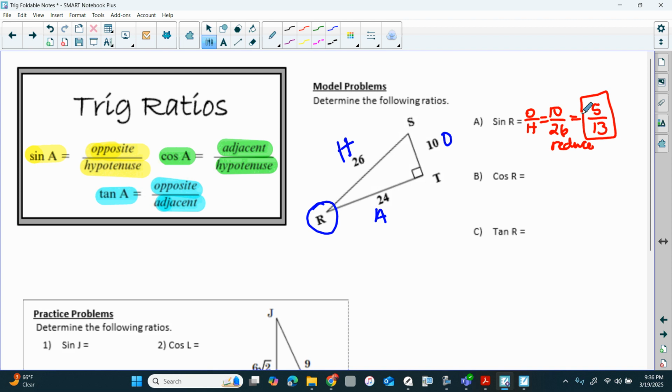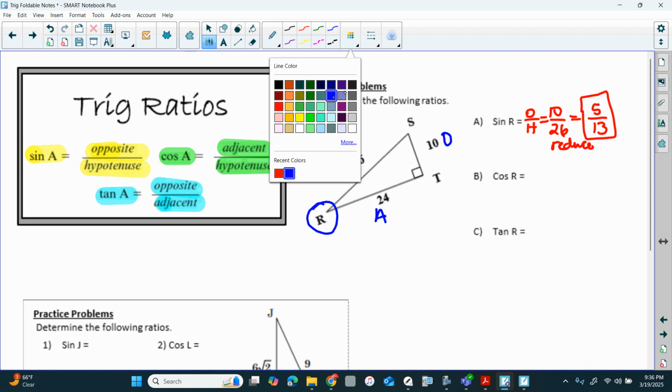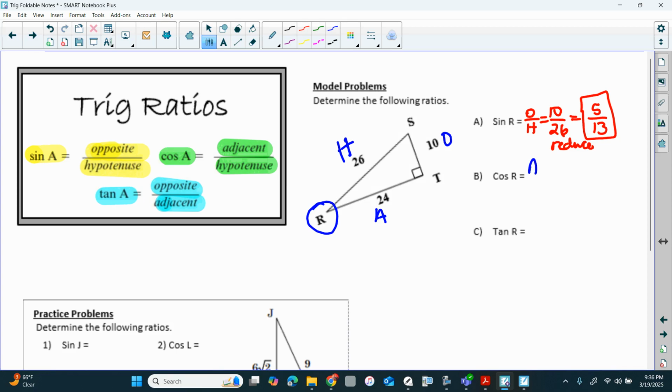So if we're doing the cosine of R, same reference angle, cosine is adjacent side over the hypotenuse, A for adjacent. Your adjacent side, where my A is, is 24, over our hypotenuse, which is 26. Again, we can reduce this to 12 over 13.